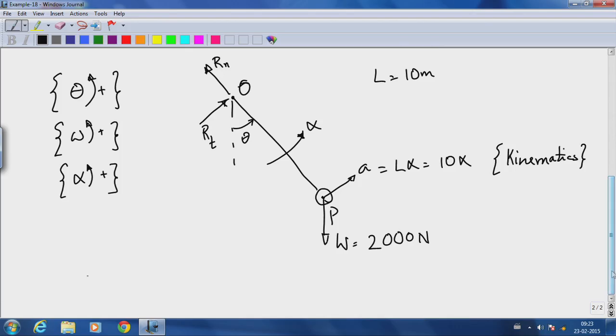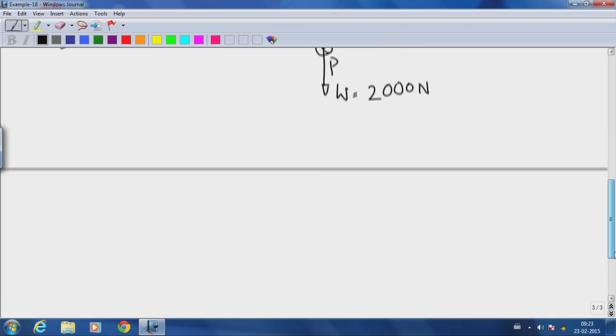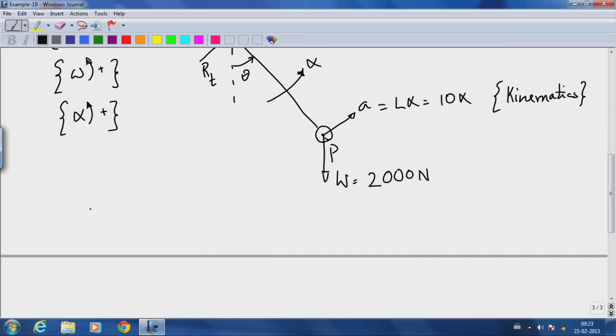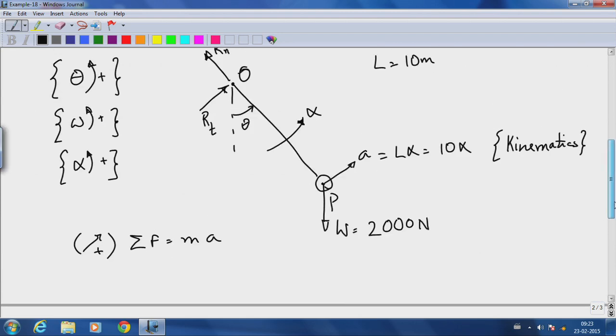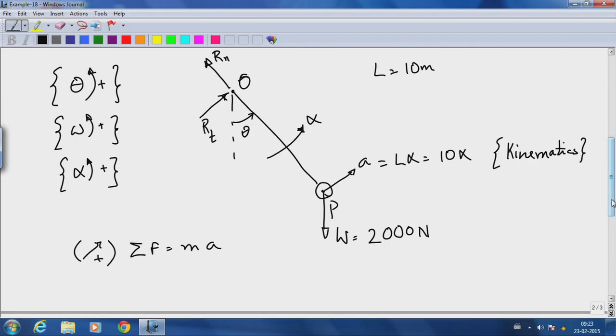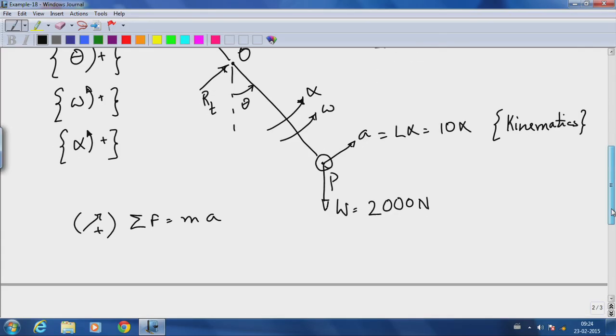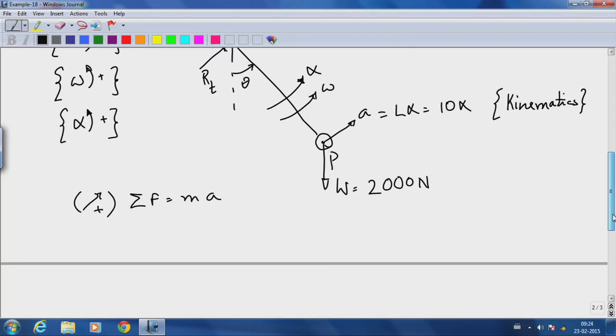Okay. So, now we are ready to apply Euler's first law to this free body diagram. Taking all forces up along A positive, the sum of all forces is mass times the acceleration in that direction. Now, we have to be a little careful with this. If this bar is rotating at some angular velocity omega, then the acceleration of P has two components.